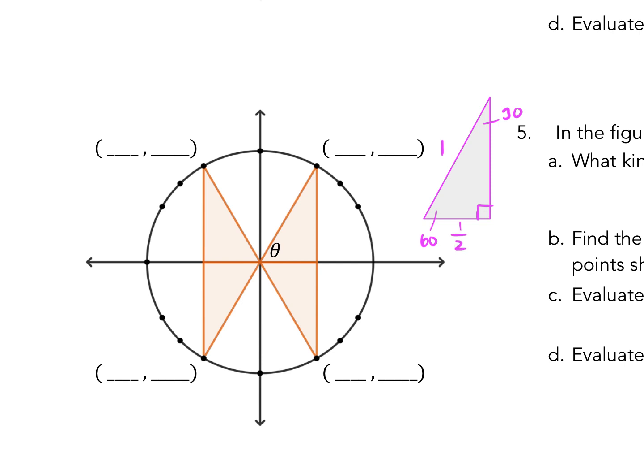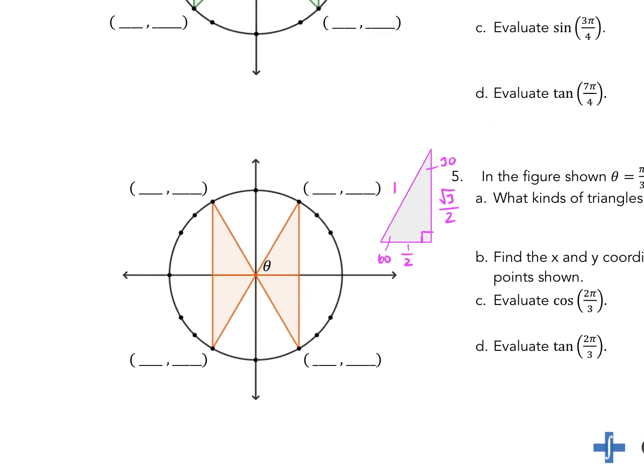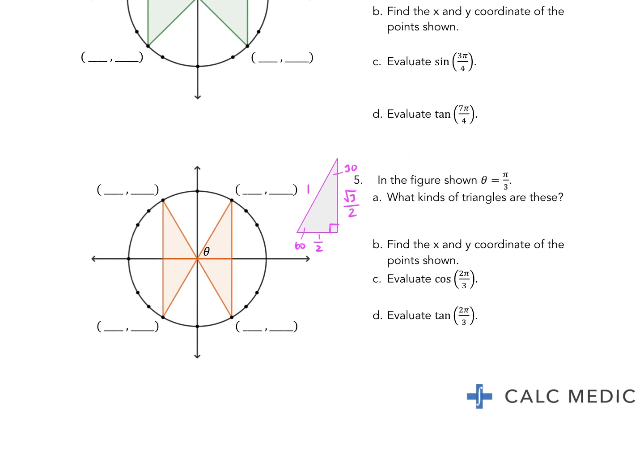And then what's my long side going to be if my hypotenuse is 1? Square root of 3 over 2, because I take my short leg and I times it by the square root of 3. Are we okay with all those values? So it asks us what type of triangle we have.